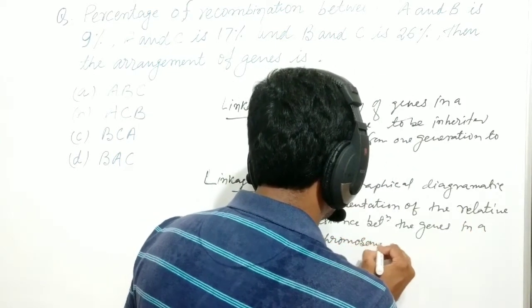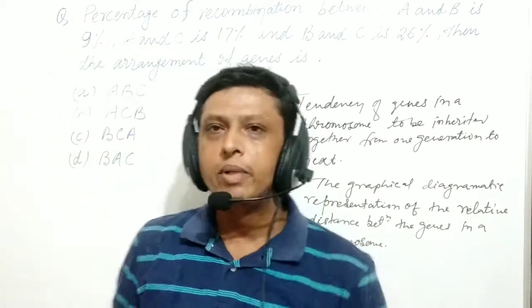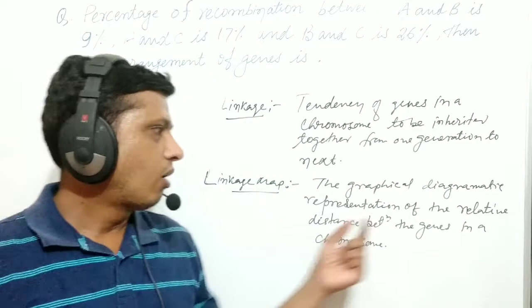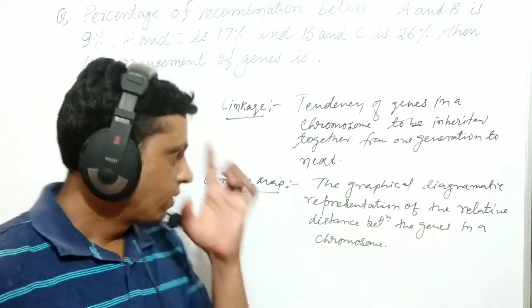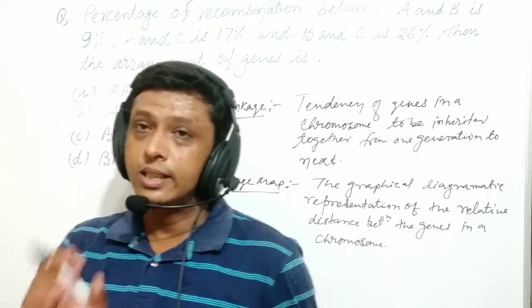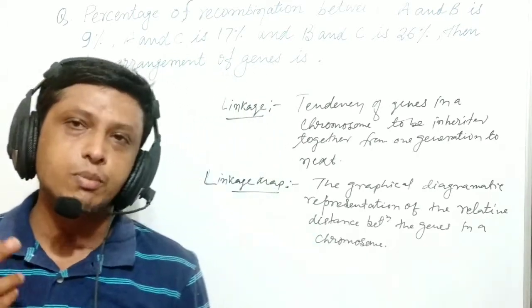The linkage map is the diagrammatic graphical representation of relative distance between the genes in a chromosome. So it is not the physical distance, remember, it is a relative distance, and how is this distance measured?